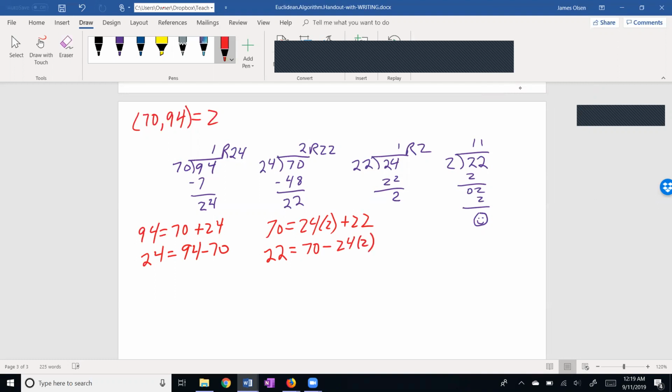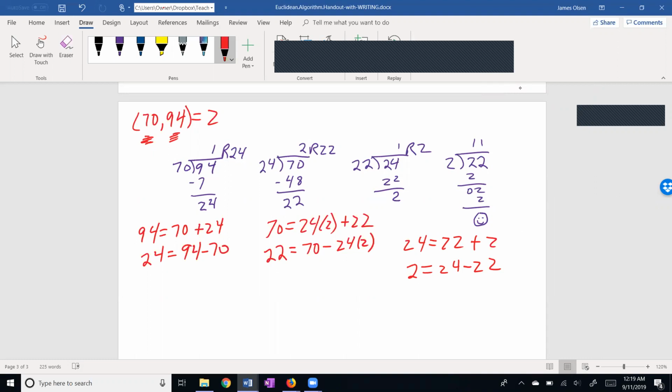And in the third equation, I have 24 equals 22 times 1, which is 22 plus 2. And solving this for the remainder, I get 24 minus 22. Now, ultimately, my building blocks are 70 and 94. That's what I want in my final answer.